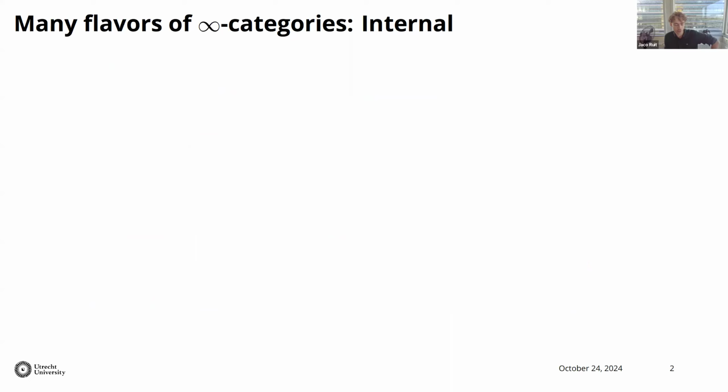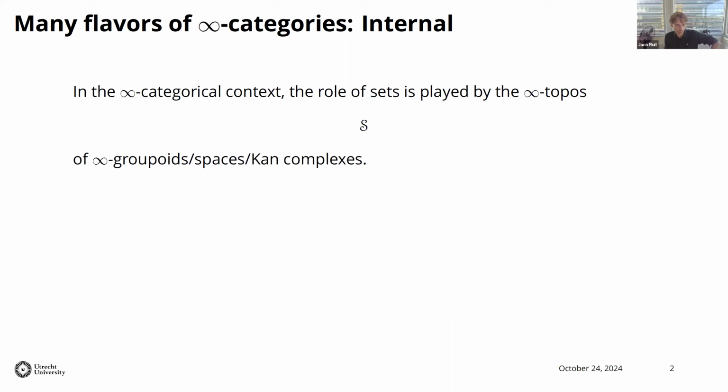Then we have this other flavor which goes by the name of internal infinity categories. In this infinity categorical context, the role of sets is now played by the infinity category of infinity groupoids. Or maybe you've seen them appear as Kan complexes or CW complexes, but I will call them spaces throughout this talk.